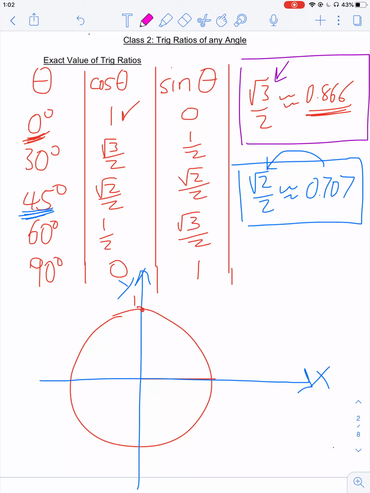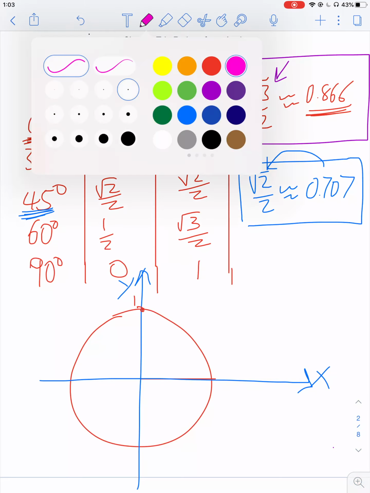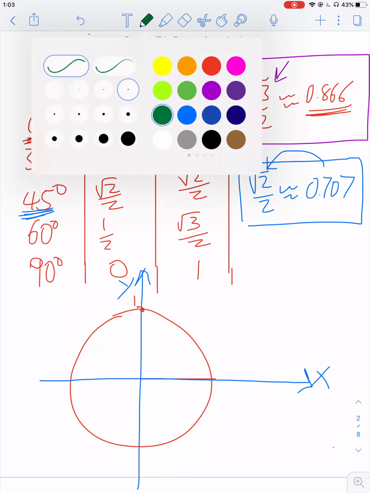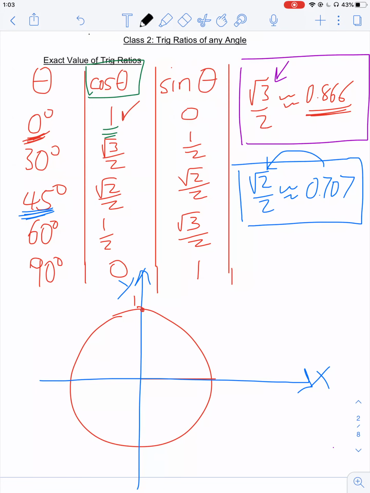But the question remains. Some of you might be asking, why is cos of 0 equal to 1, and why is sine of 0 equal to 0? Let me use some different colors. Let's go with black, because I really use black.